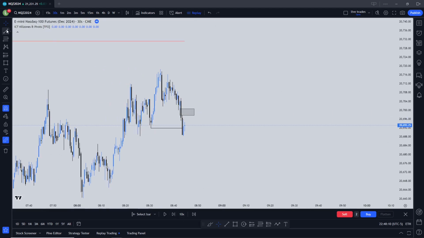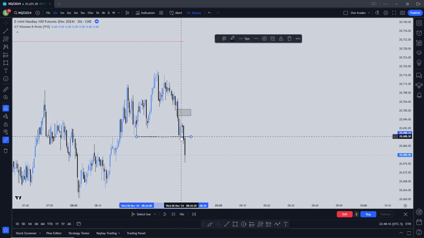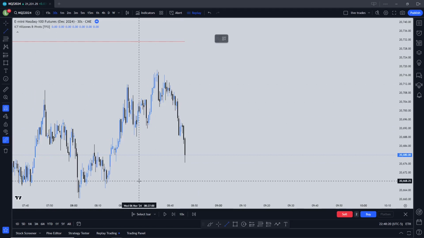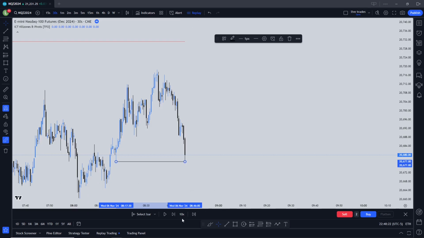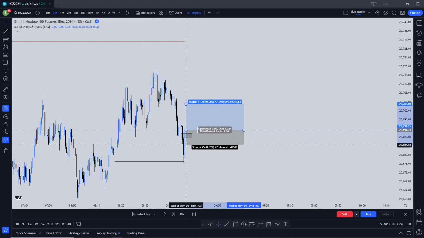These are equal lows, so no long there until we get them taken out. Equal low gets taken out. Okay, we swept this. All right, we get an inverse here. We could take a long here.